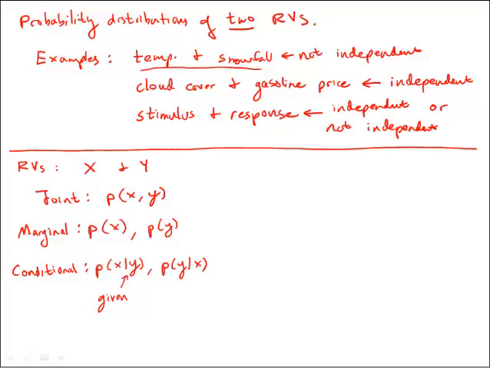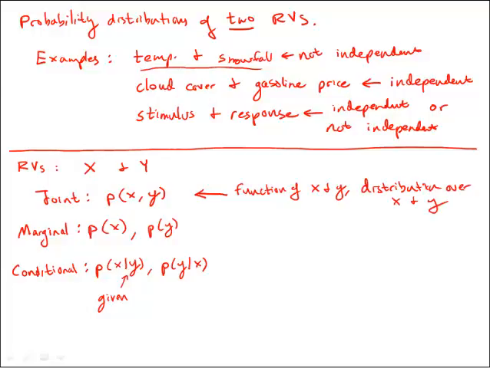You could also go the other way around. You could say, what is the probability that the snowfall was 5 inches today given that the temperature was 22 degrees Fahrenheit?